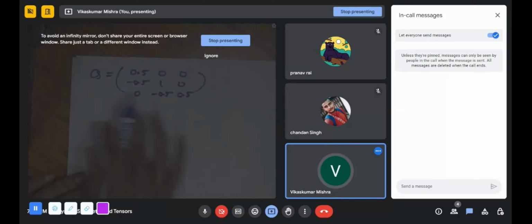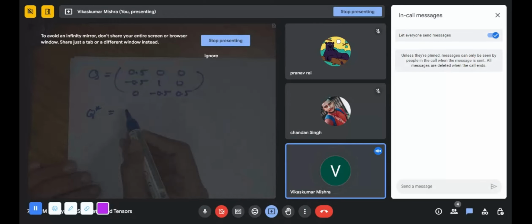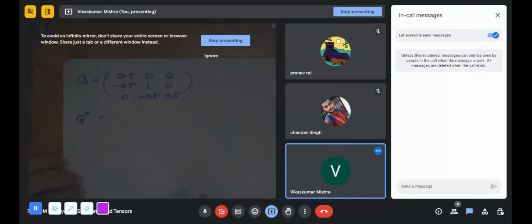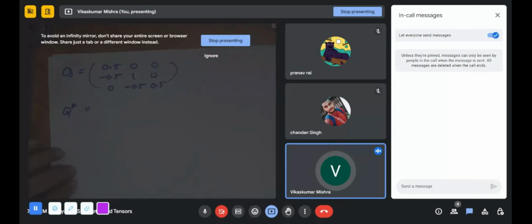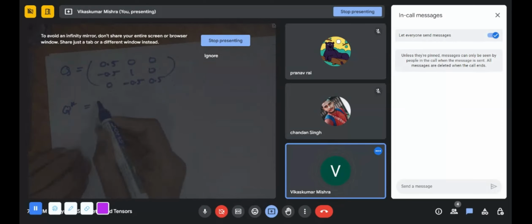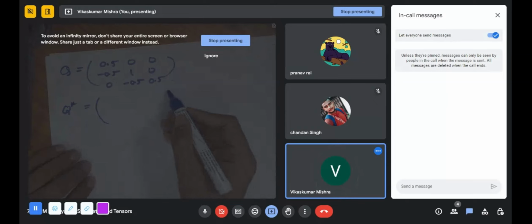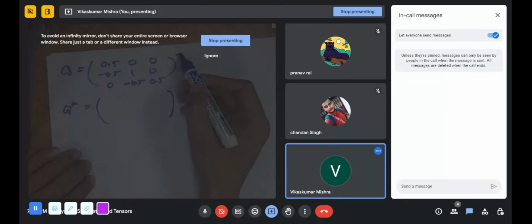Instead of this Q, if we want to find the Q star, what we need to do is take the inverse of this. So here, Q star we need to find. Let's find the inverse of this.